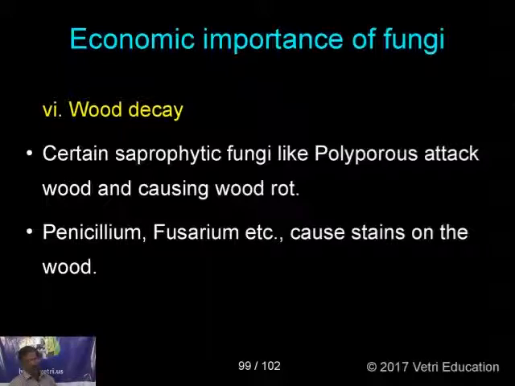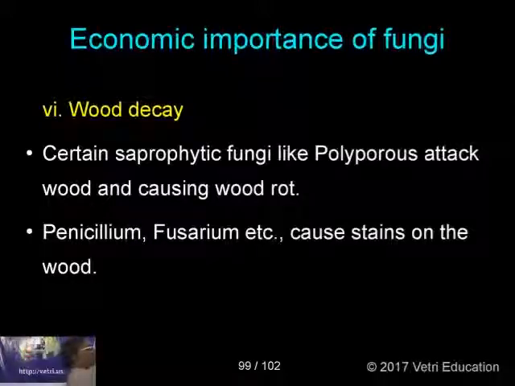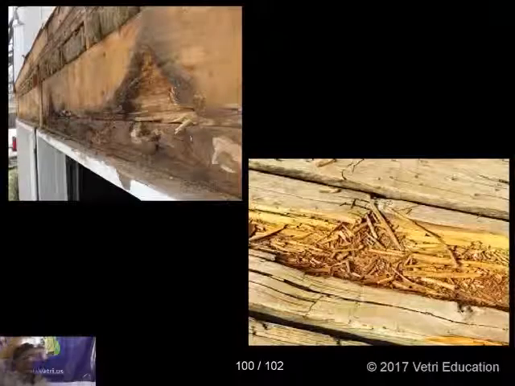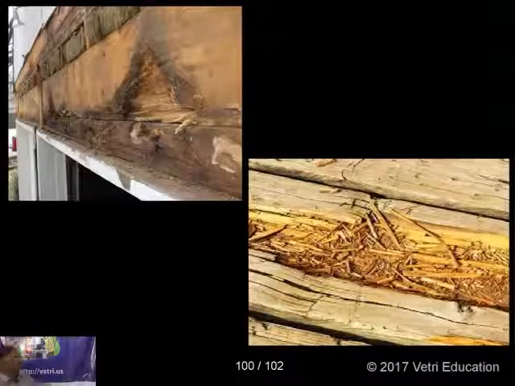You can find red and yellow stains on the wood. In these two diagrams you can see where the wood is spoiled, broken into small pieces, and dust also comes from the attack on the wood.